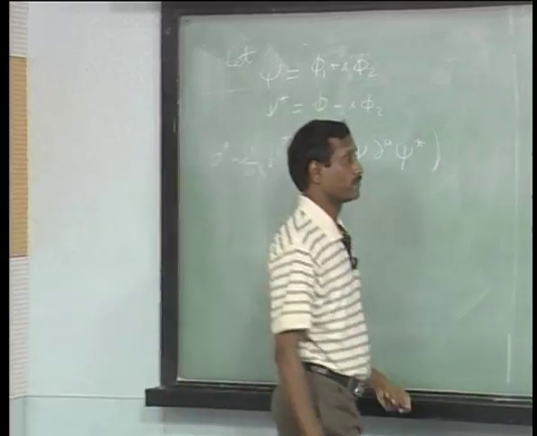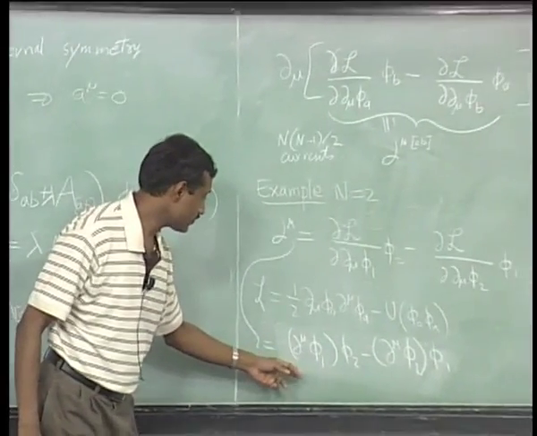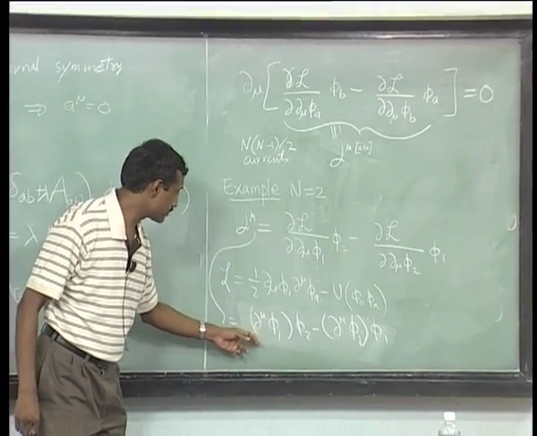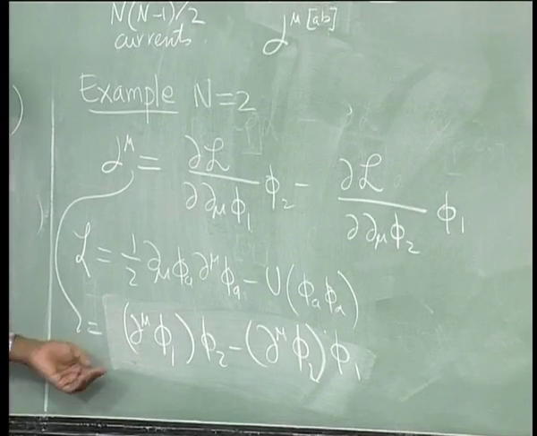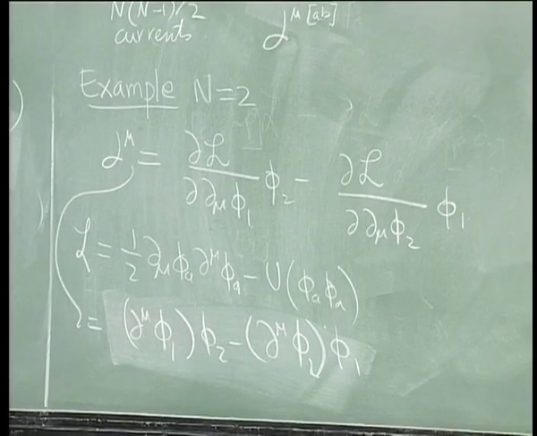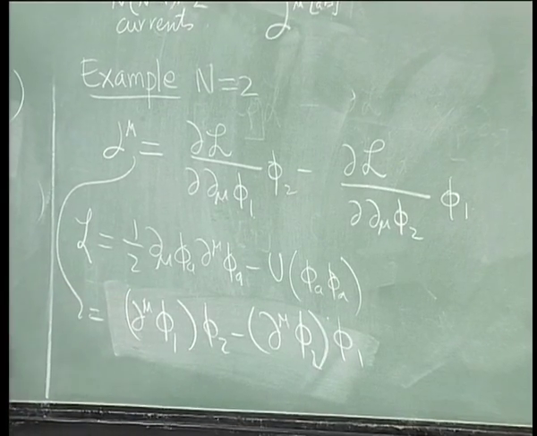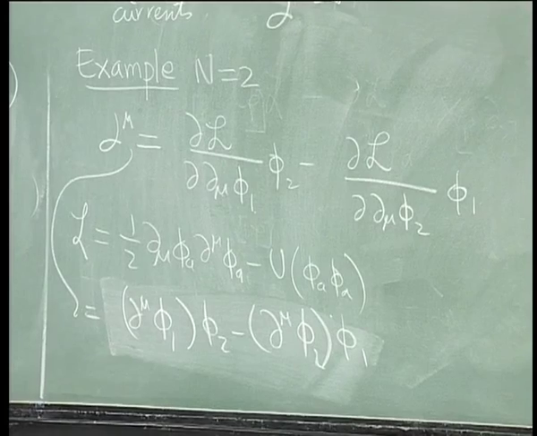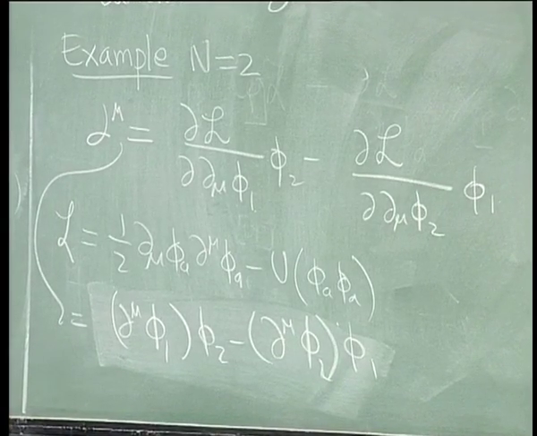So, what we see out here is that you get a whole bunch of conserved currents, and things are actually a little bit easier when you have internal symmetry. And I will show you a trick by which we can derive the same current, and this is a nice trick which works only for internal symmetries.